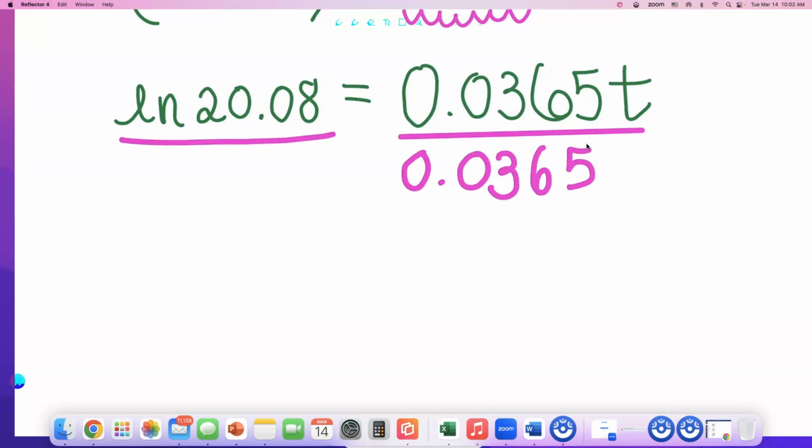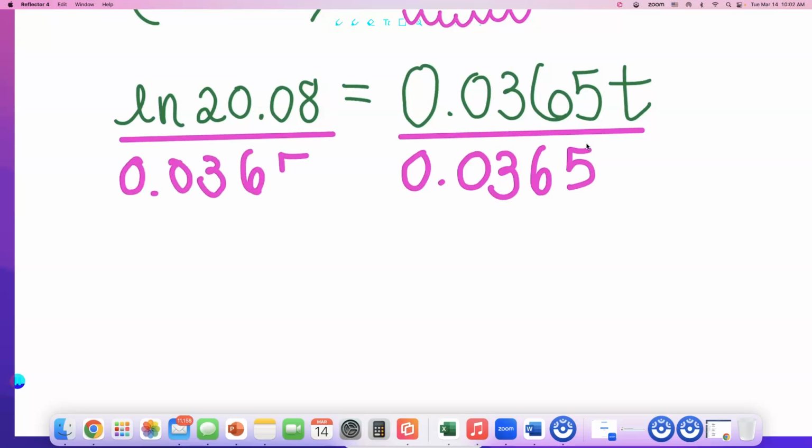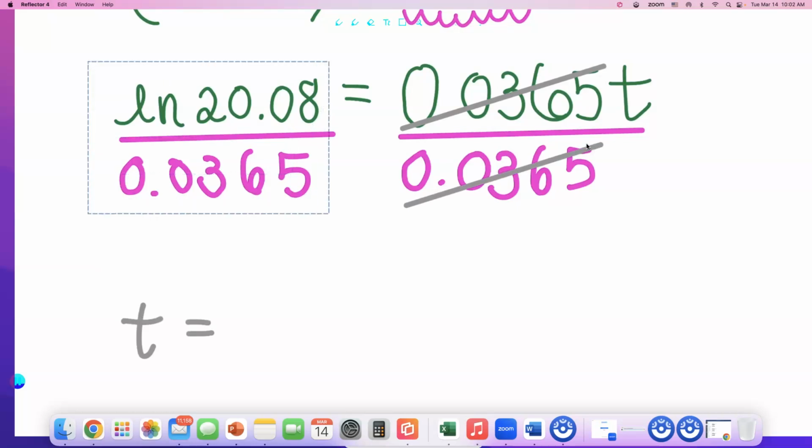Divide this side by that decimal, so this cancels out, and we just have t equals whatever this is. On your calculator, you type it in. I'll just go ahead and type this on my cell phone calculator.